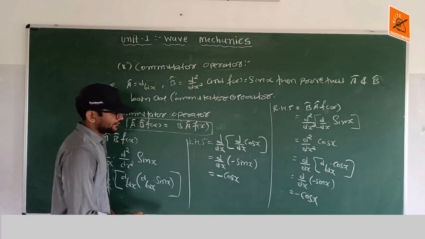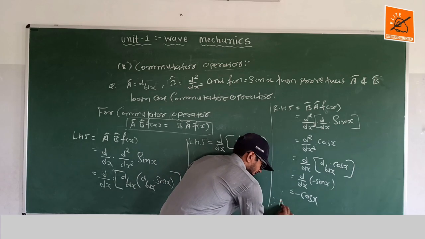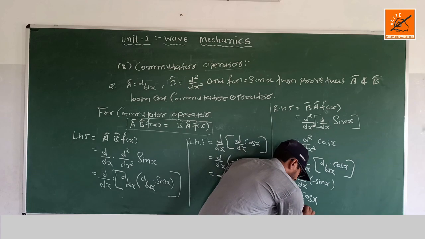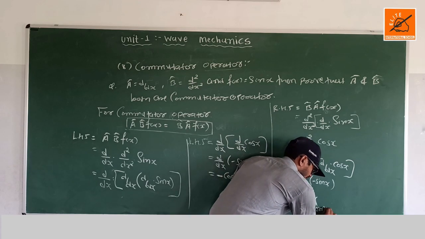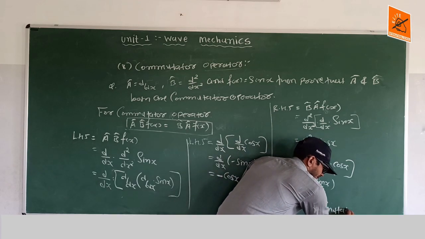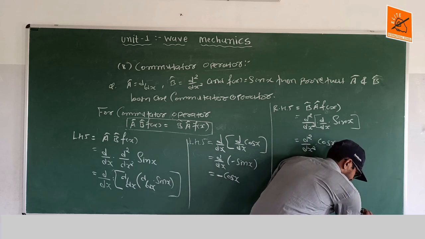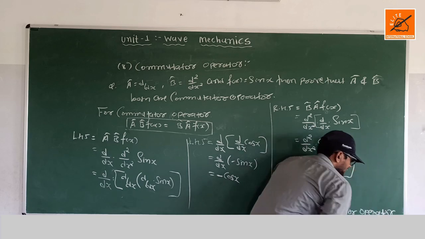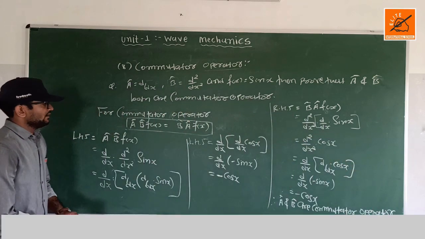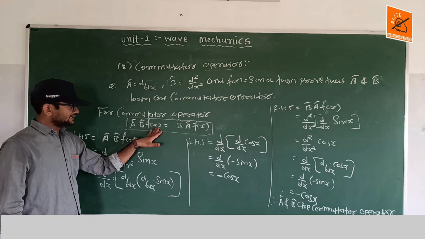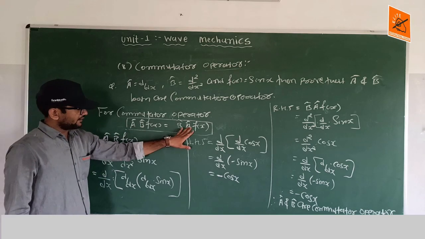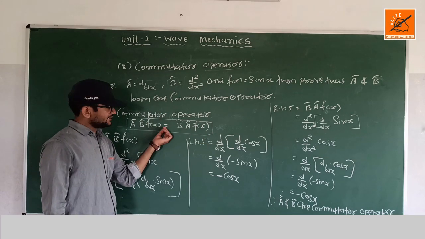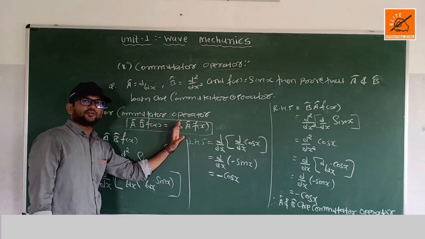Therefore, operators A cap and B cap are commutator operators. In this case, the value of A cap B cap f(x) is equal to B cap A cap f(x). If two operators follow this condition, they commute, otherwise they do not commute.